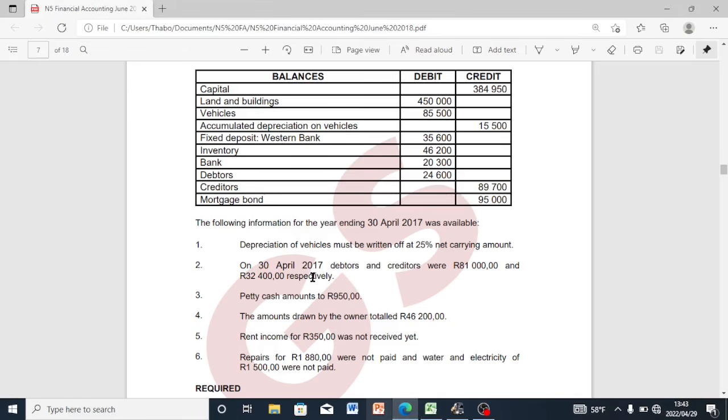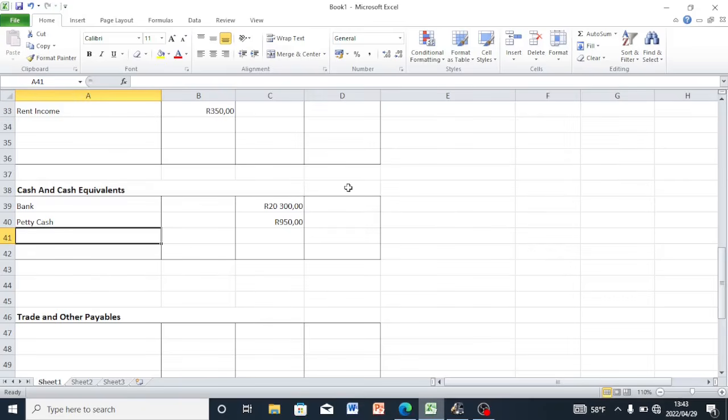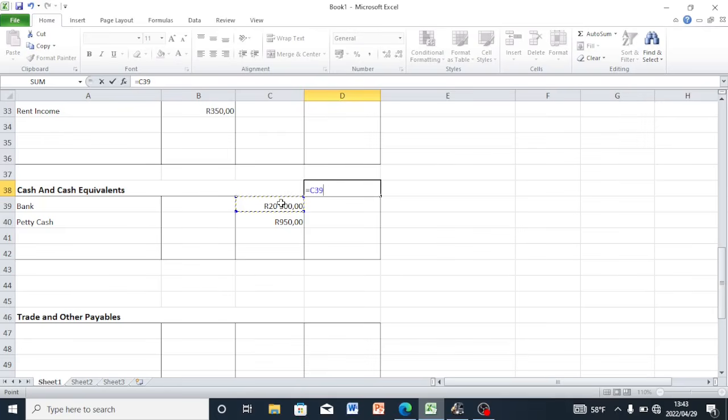We don't have anything else regarding the cash and cash equivalents. We are just going to totalize it. We are going to say equals this plus this, which gives us 21,250. This is our cash and cash equivalents.